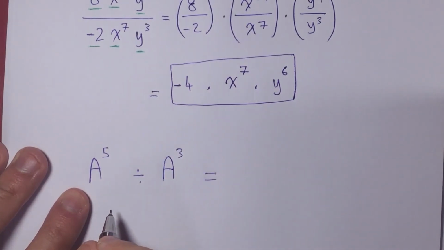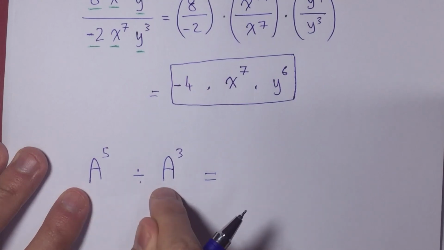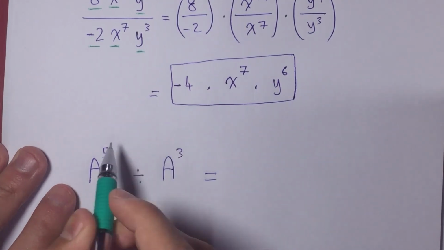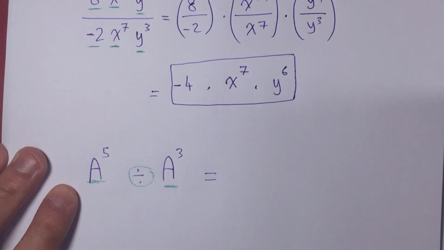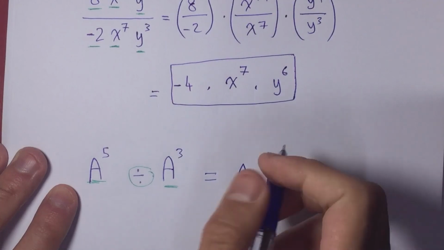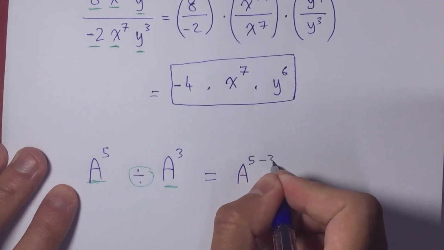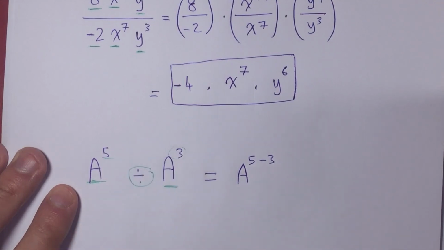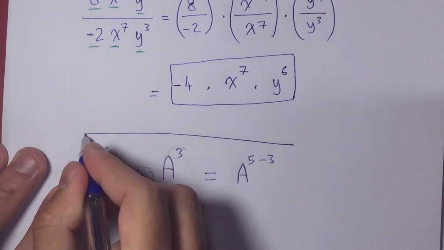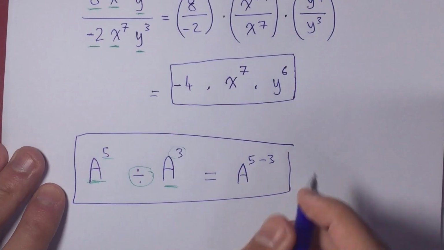The rule states that if we have the same base and a division between them, we simply subtract exponents. We subtract the second one from the first one. That's it. Thank you.